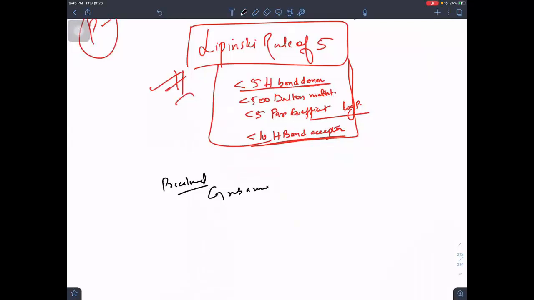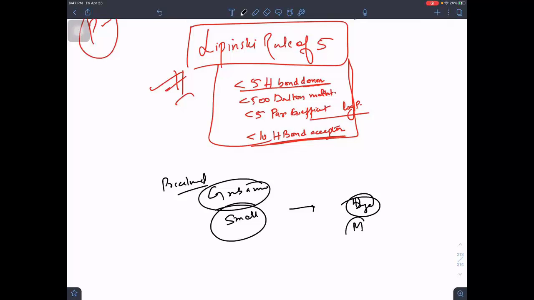Mice you can take, guinea pig you can take. Once you test these drugs on small animals, you will go to large animals also. Which animals? Monkey, cat. Monkey or cat you can take.